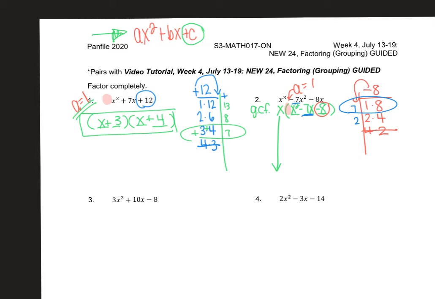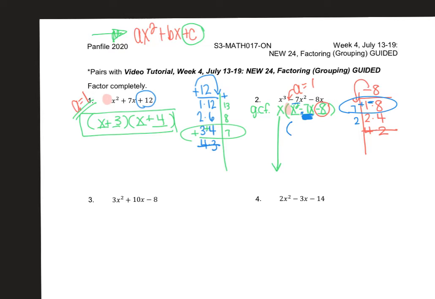And because I want a negative 7, I want my 8 to be negative. And again, we talked last week about your sign always following your bigger factor. So my sign is negative, my 7 is negative right here. Okay, this is negative. So my 8 wants to be negative because that's a bigger number between 1 and 8.